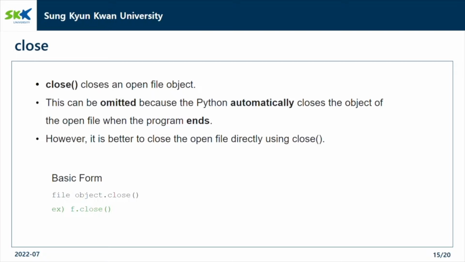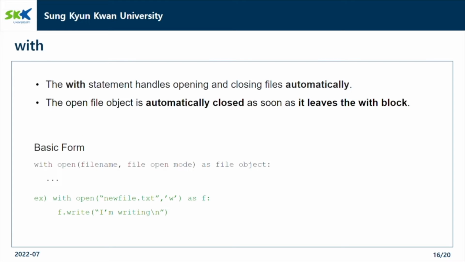Because Python automatically closes the object of the open file when the program ends, this can be omitted. However, it is better to close the open file directly using the close function. This is because an error occurs if you try to use a file opened in write mode without closing it.